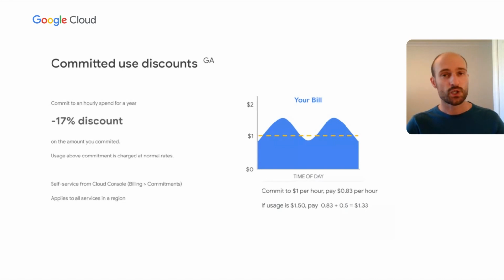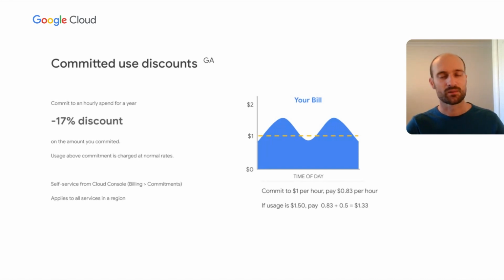Of course, usage above the committed amount is charged at normal rates. This is self-service. From the Cloud Console, you go into billing, you click commitment, and this is where you can purchase a commitment for a year. I should note that committed use discounts apply to all Cloud Run services of your account across all of your projects for a given region.